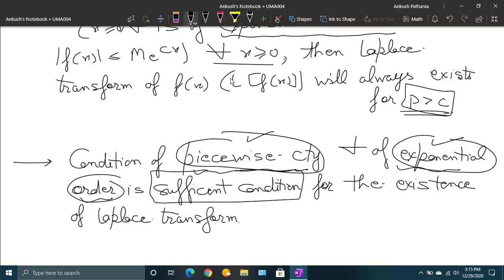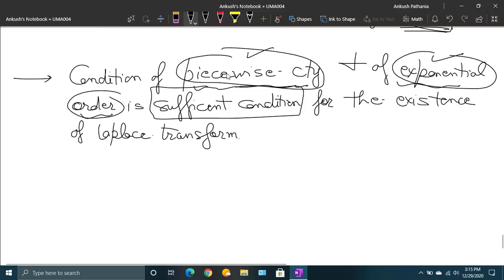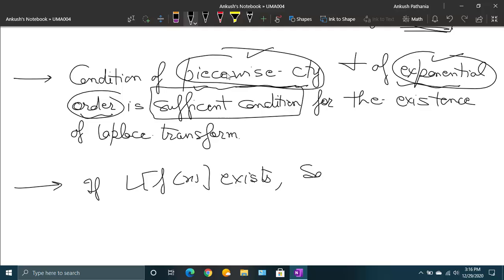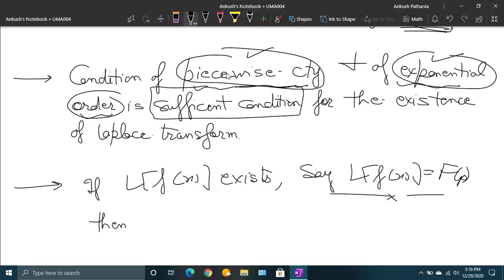Now, finally, one more thing that I need to add here. If Laplace of f(x) exists, that is, say you find the Laplace of some function and you got F(p), if it is existing, then the F(p) you will get will always tend to 0 as p tends to infinity.